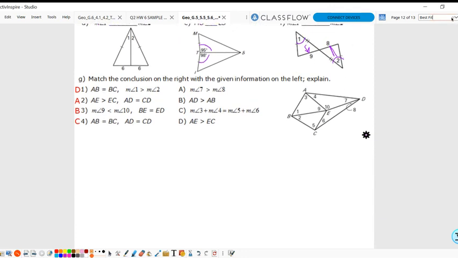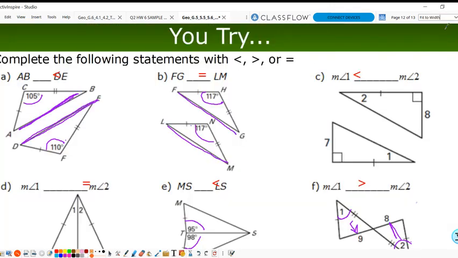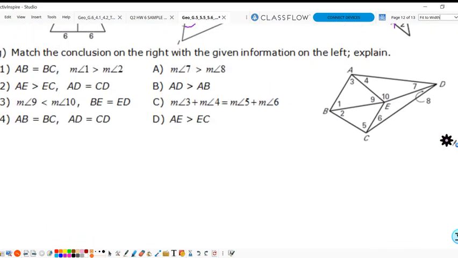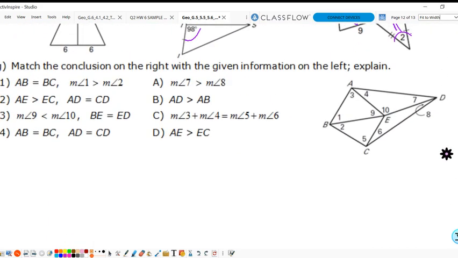As we look at letter G, it's asking us to match the conclusion on the right with the given information on the left. We have AB equal to BC, and the measure of angle 1 is greater than the measure of angle 2.